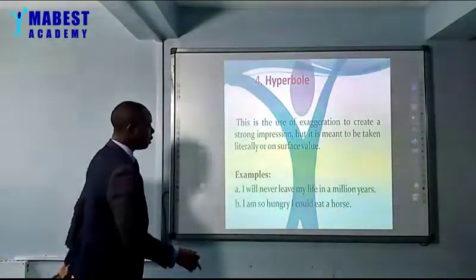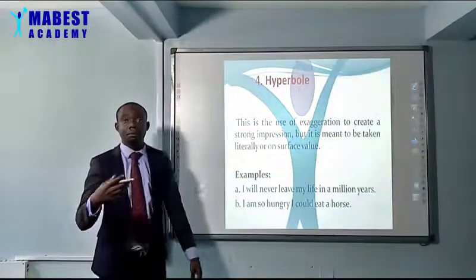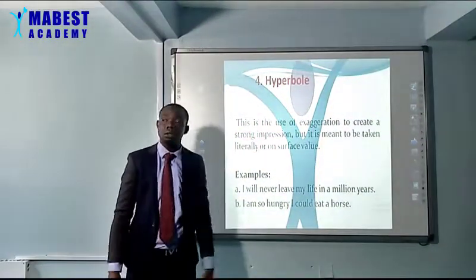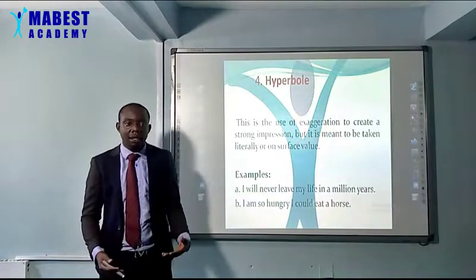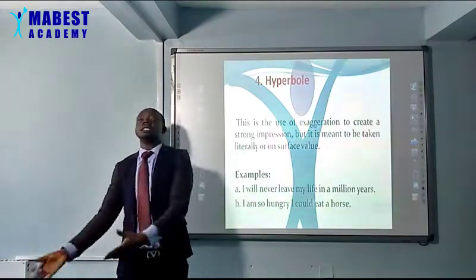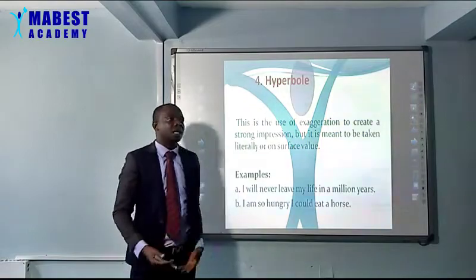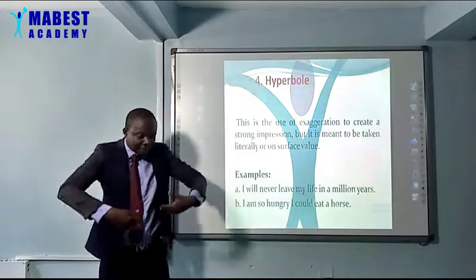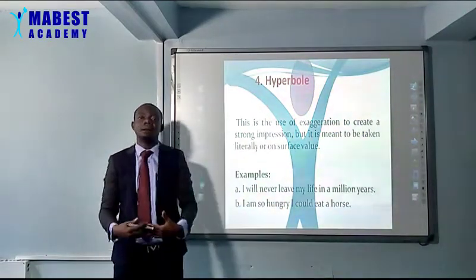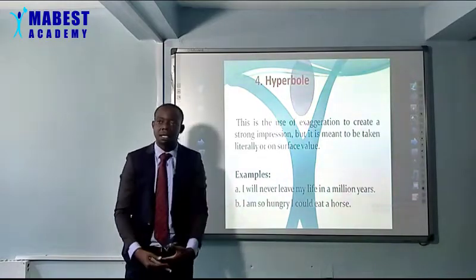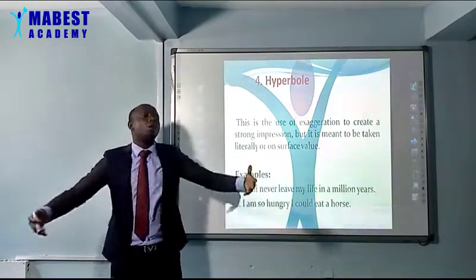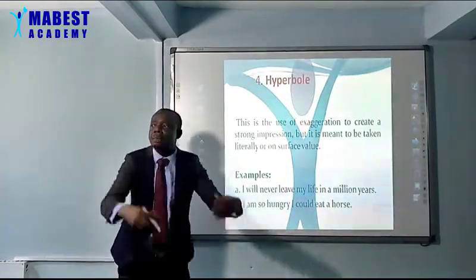Now let me give you more examples. You can say that the whole world was there when Mr. Adelakun got married. What you are trying to say in fact is that so many people were there when Mr. Adelakun got married, because it's not possible for the whole world to gather in a place at a particular time.